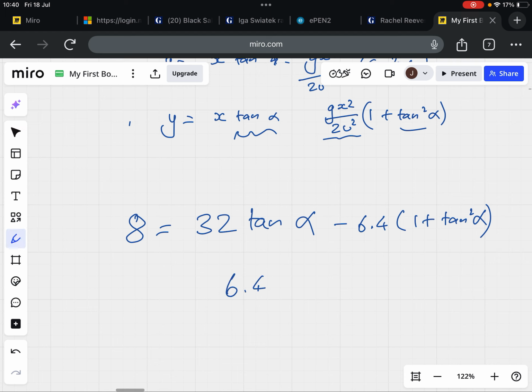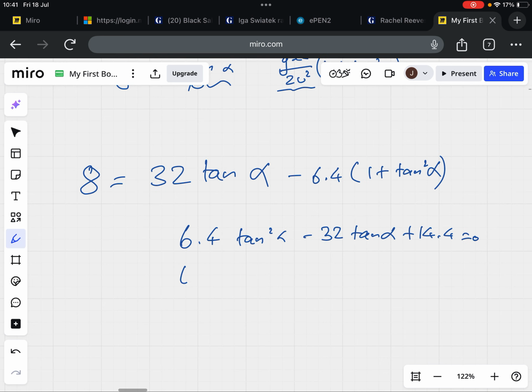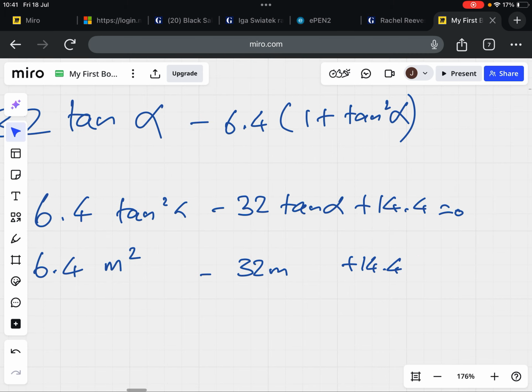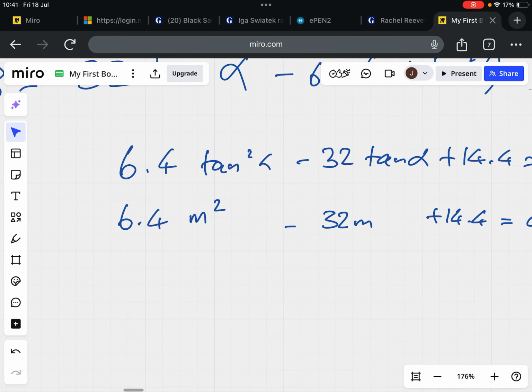Eventually you'll get to 6.4 tan squared alpha minus 32 tan alpha plus 14.4 equals 0. And it's a quadratic, okay? So it's the same as doing something like 6.4 m squared minus 32m plus 14.4. If you do a substitution, it's really easy to see. So if tan alpha is m, you get that one there.